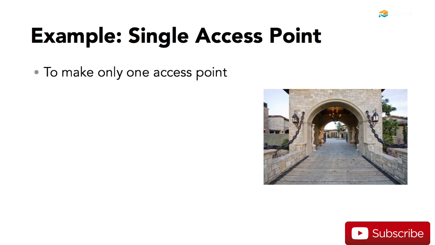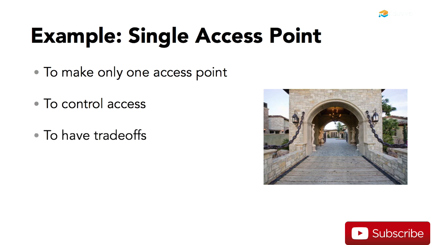The core idea behind this pattern is to make only one access point available to a software application. This way, all you have to check to control access to the software is the single access point you designate as a designer. Also note that the architectural design patterns are not perfect and have their own trade-offs. For instance, the single access point could also become a single point of failure.